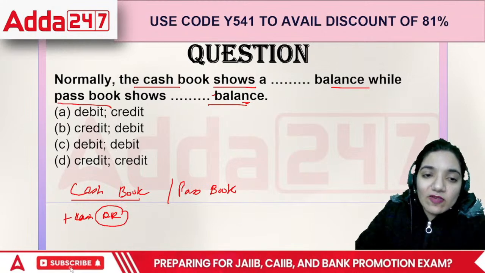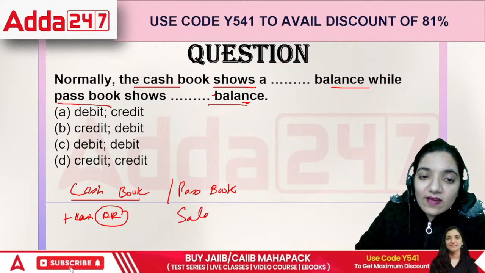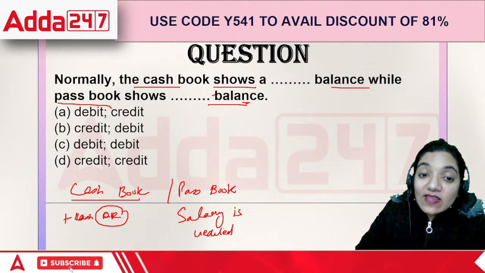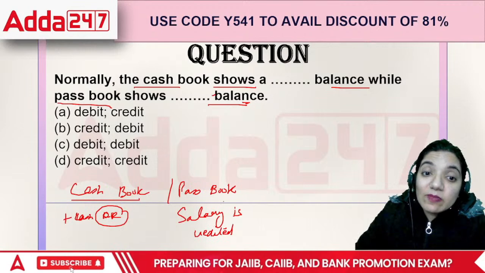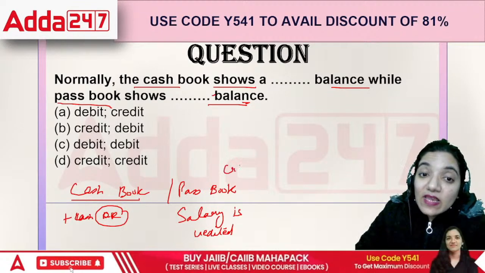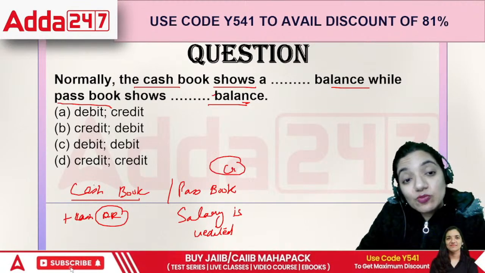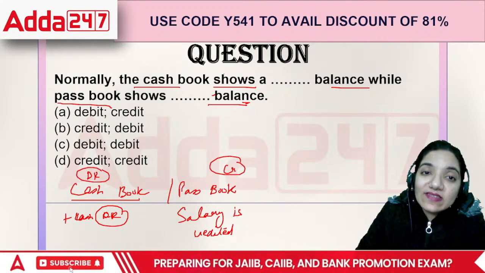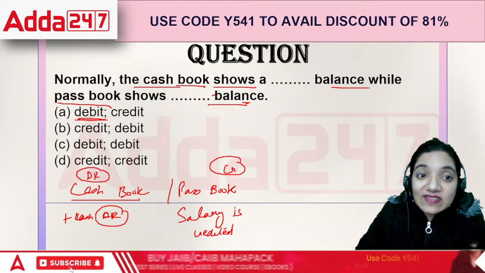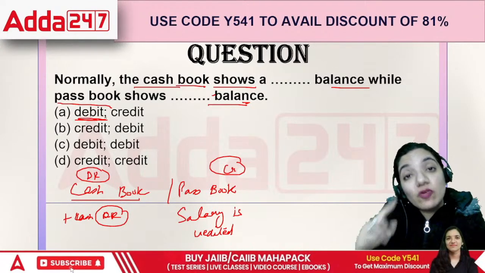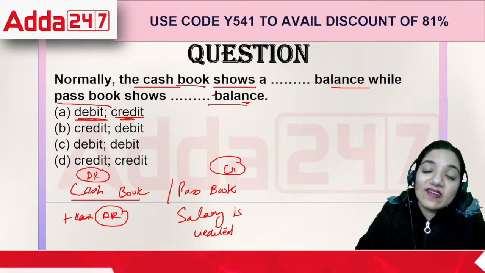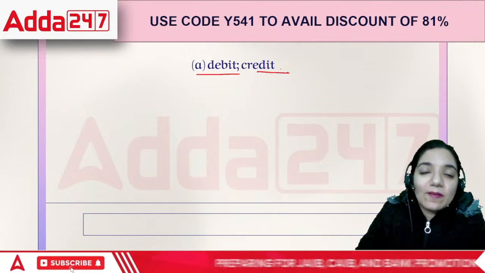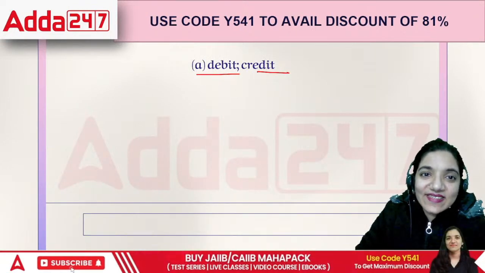Whenever salary comes, I'll always say salary is credited. So that means they are a mirror image of each other. If the passbook says I received money, it would show it on the credit side. When the cash book says I received money, it would be shown on the debit side. So whenever we receive money in the cash book, it is the debit balance, while the passbook will show if we have money, it would be shown as the credit balance. Right? The correct answer is debit and credit.